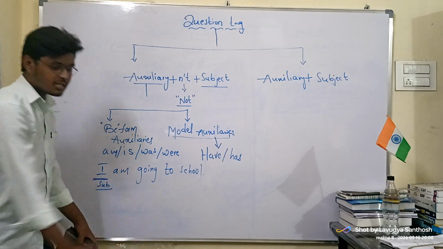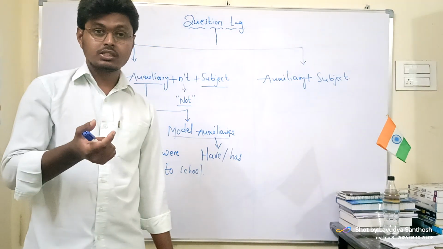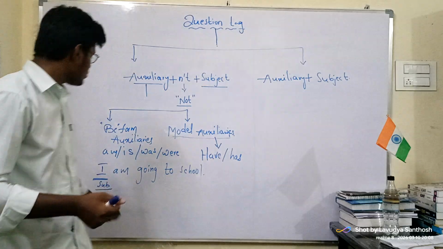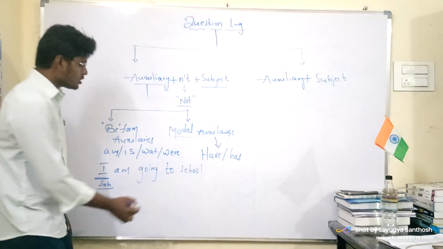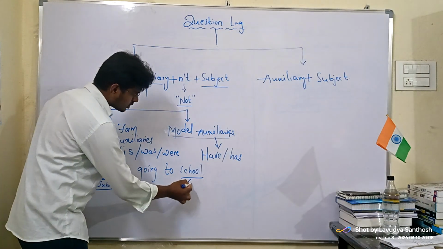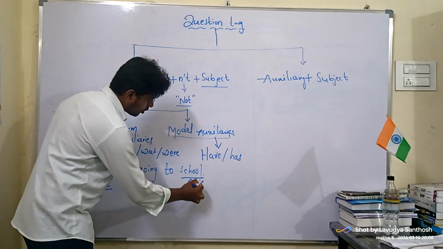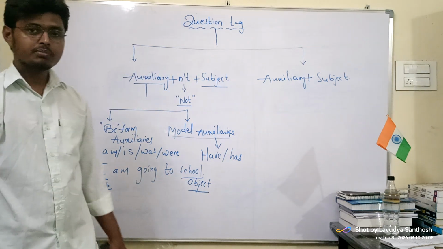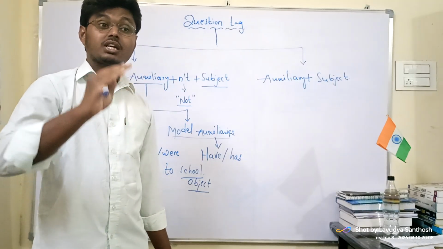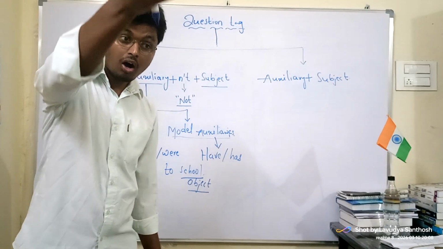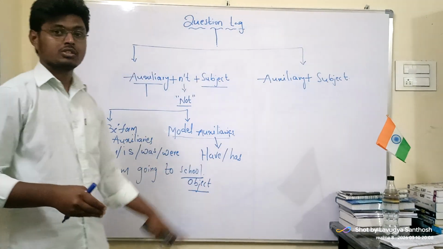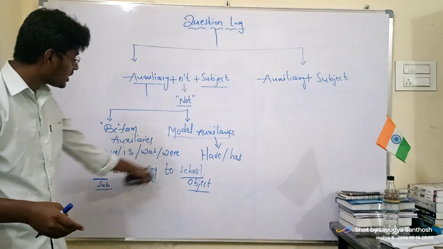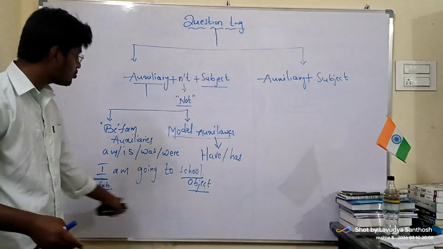Why is I the subject? In a sentence, the subject is who performs the action. Here school is the object. Why is school the object? Because the subject is working on the object; here the subject is going to school.